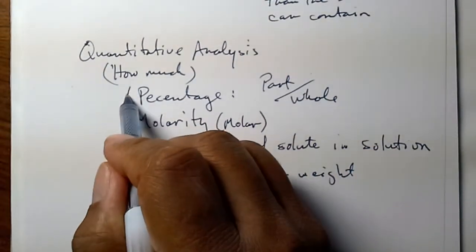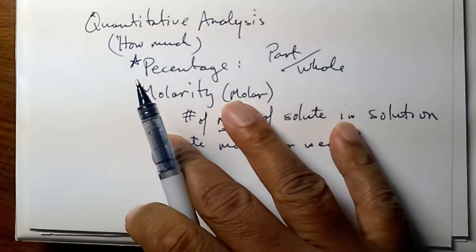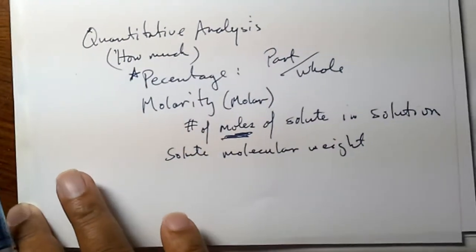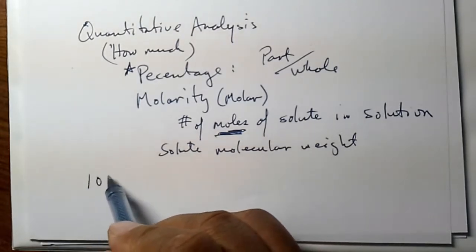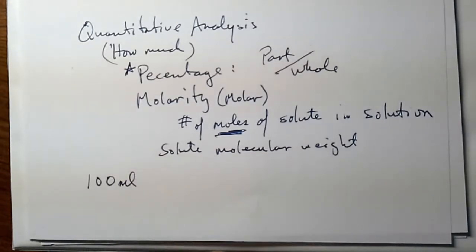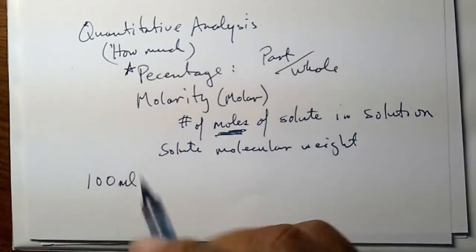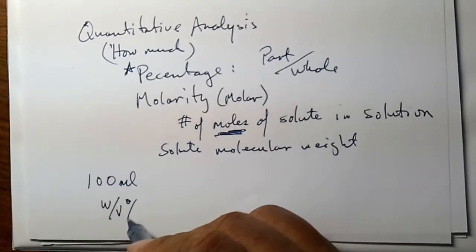What we tend to use a lot of is percentage, percent solution, percent concentration. In our discussion of density, we can actually convert our density into a percent simply by introducing 100 mils of the solution. Okay, we'll be getting a weight volume percent.